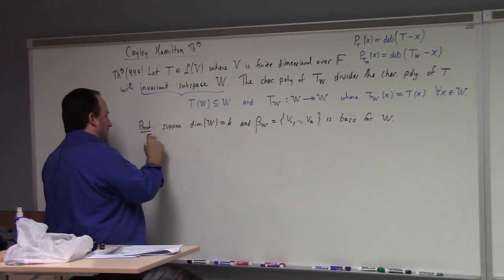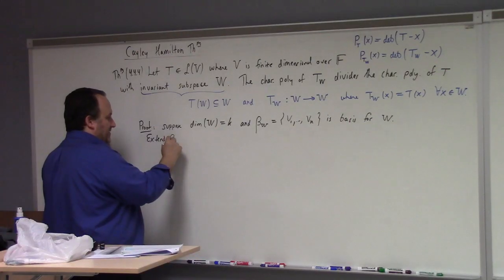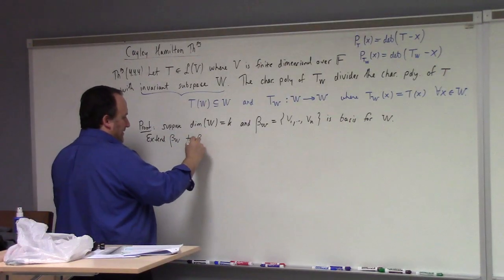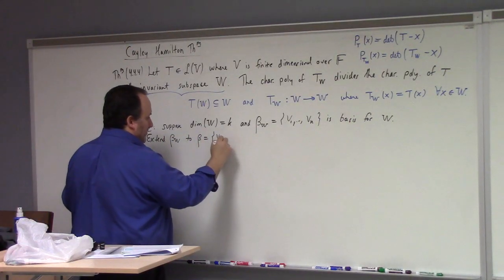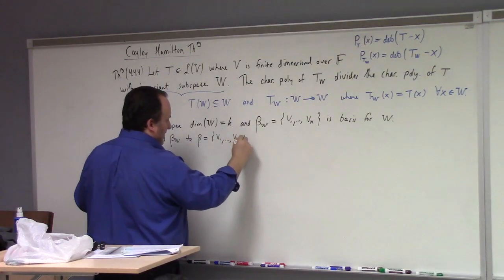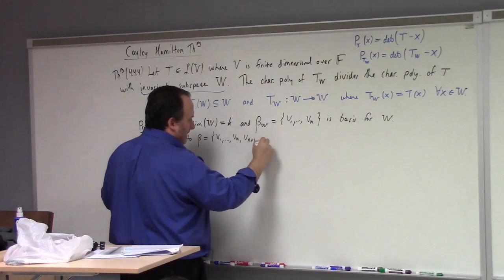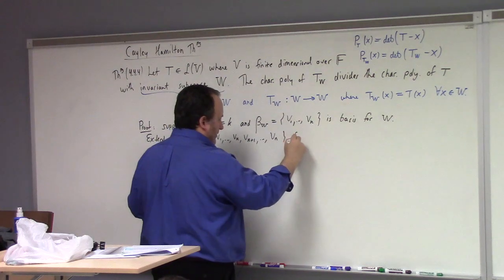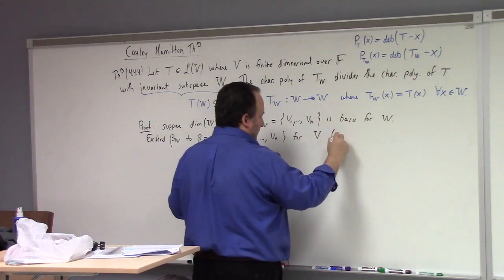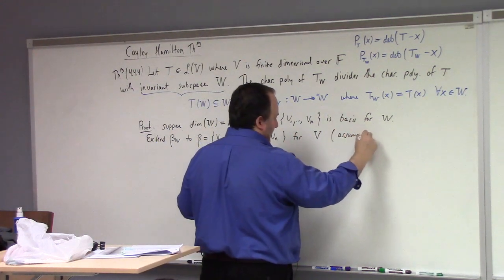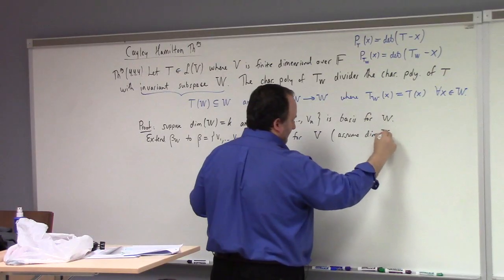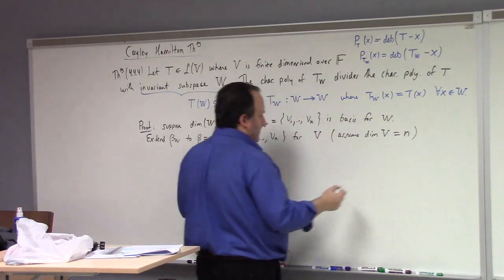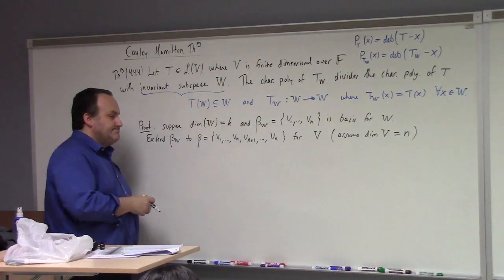Extend beta sub W to beta, v1 through vk, vk plus 1, through vn, for V. We'll assume the dimension of V is what? N, all right?